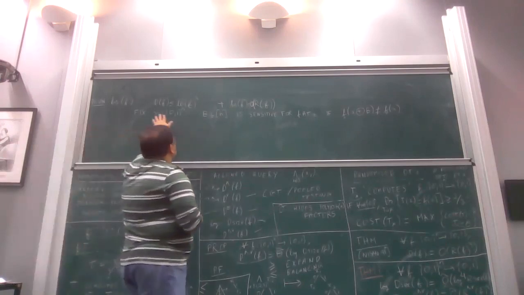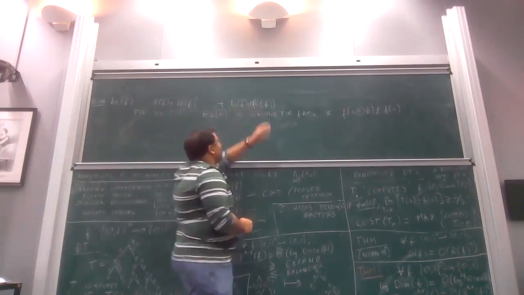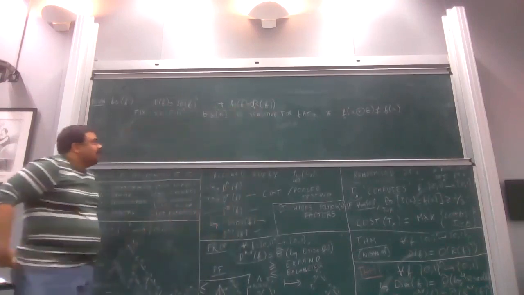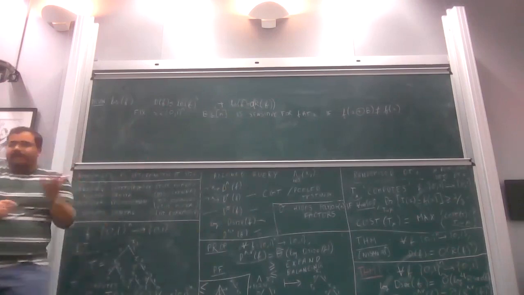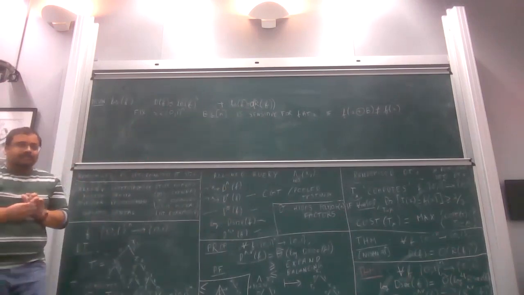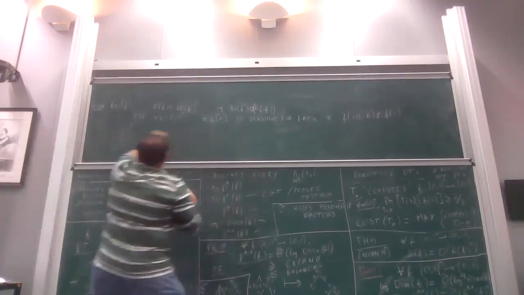Now the argument that Nisan uses to show this, let's not get into it, but this is just to say if you have a function with block sensitivity k. So what is block sensitivity? Sorry, I didn't define it.